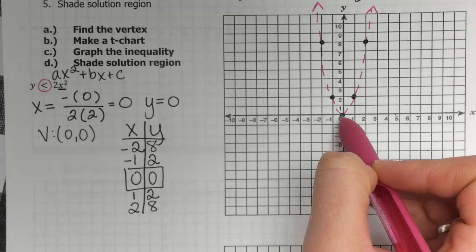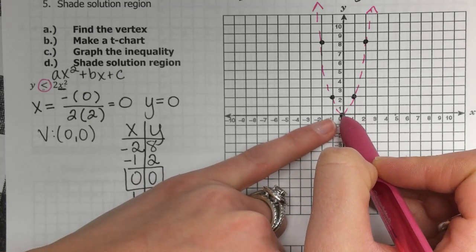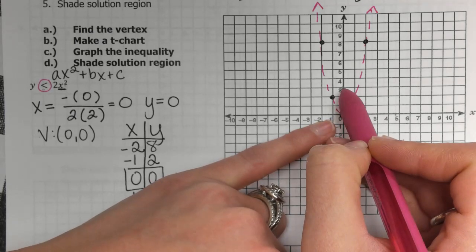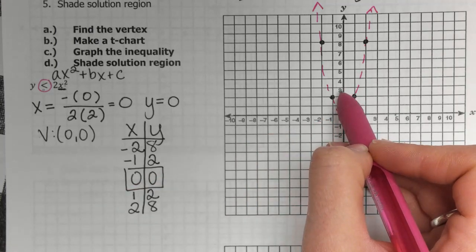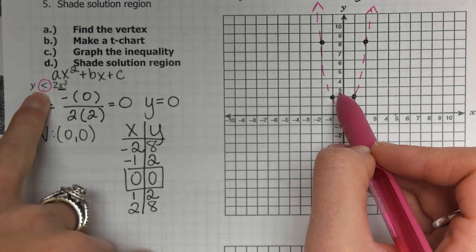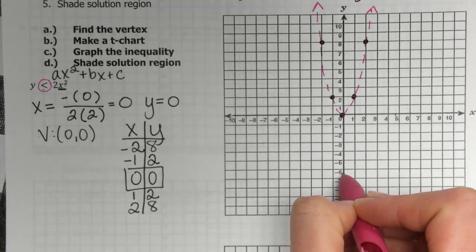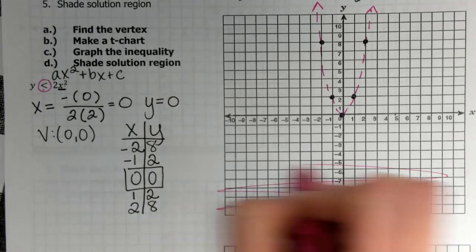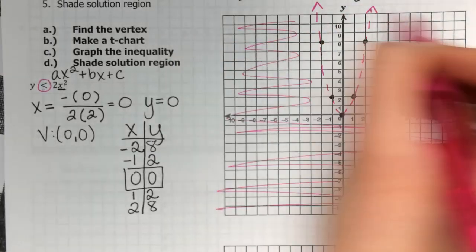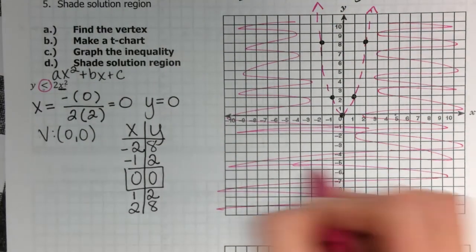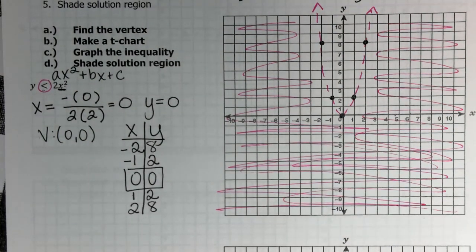Okay, so if my inequality is greater than or equal to, I would start at my vertex and I would go above my vertex, so I would go up. Okay, it doesn't matter what direction my parabola is opening, I would still start at the vertex and go up if it's greater than. Here, my inequality is less than. So I'm going to start at my vertex and I'm going to go down. That means this entire area outside of my parabola is my solution area.